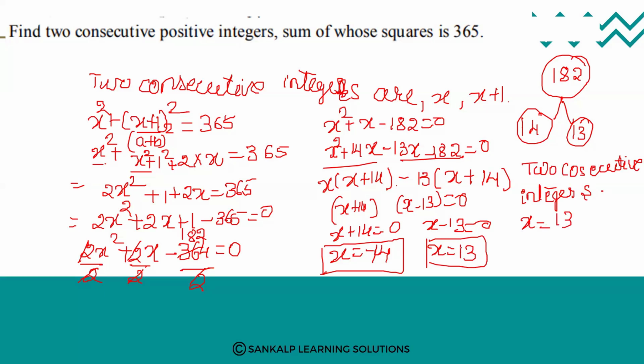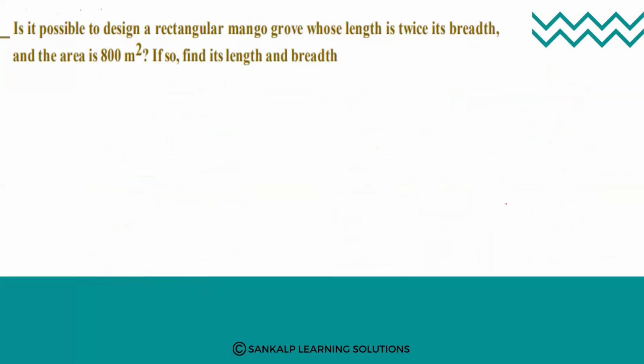So x is equal to 13. The next one is x plus 1, 13 plus 1, that is equal to 14. So these two are the two numbers. This question can be asked for 2 marks or 3 marks. Okay. Next.